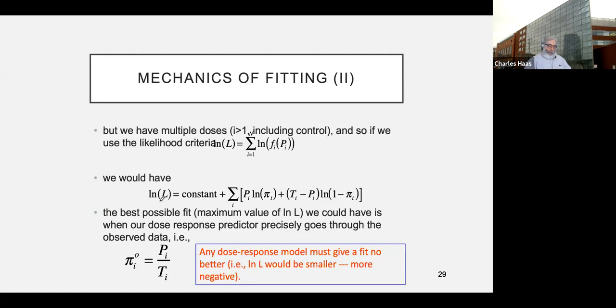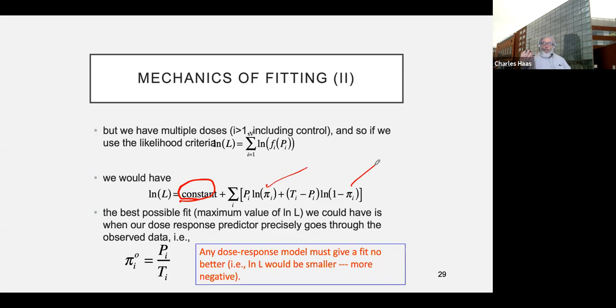I'll get a lot of constants that will be the various factorials that are independent of anything but my observations and my predicted proportion of positives. So I can ignore those. And then I can ask, well, what is the set of pi sub i's that would maximize that log likelihood?